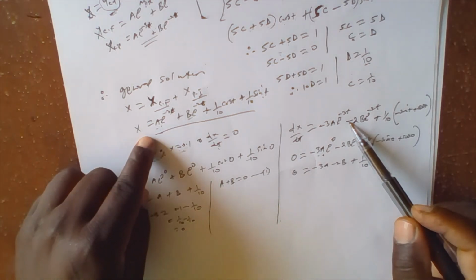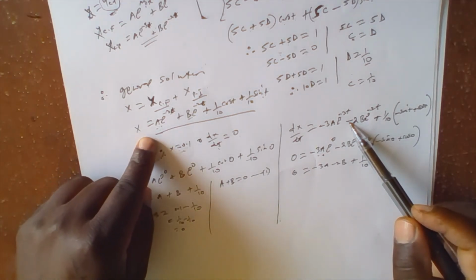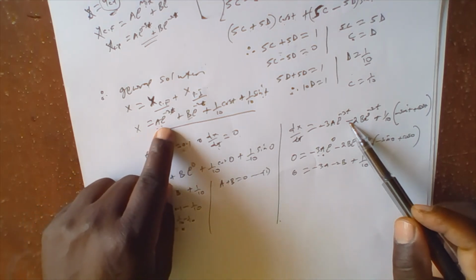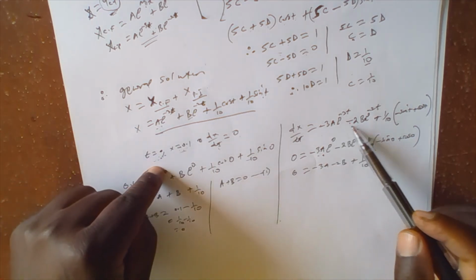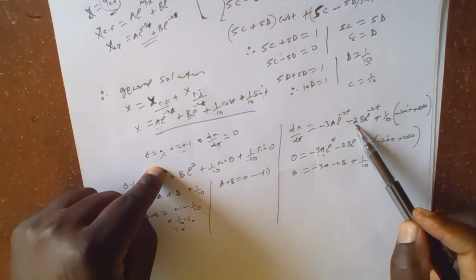Now our chain rule equation was x equals a exponent that. So when we differentiate that, this is what we have.